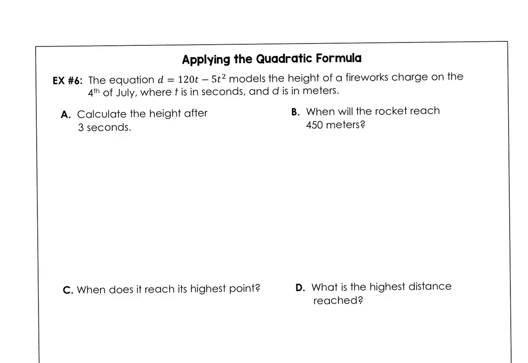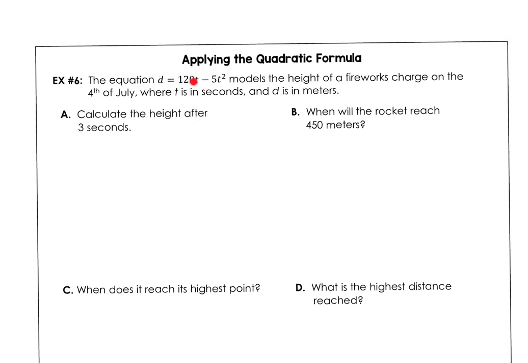Now for this example, you're going to need your calculator. The equation d equals 120t minus 5t squared models the height of a fireworks charge on the 4th of July. t is measured in seconds and d is measured in meters. And we want to calculate the height after 3 seconds.